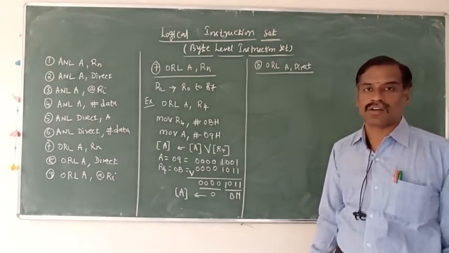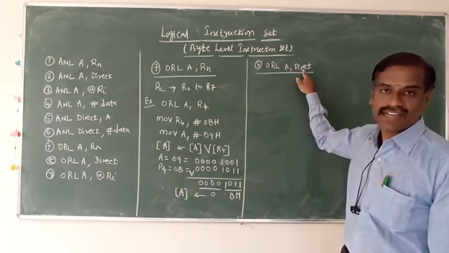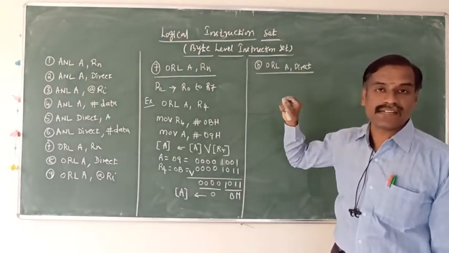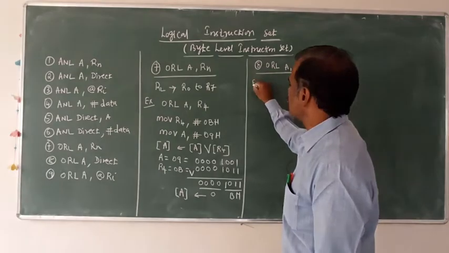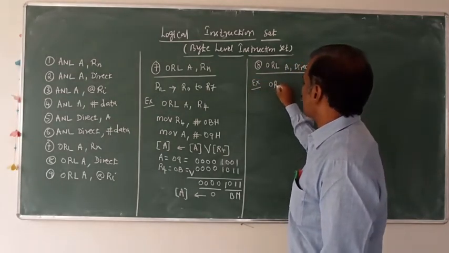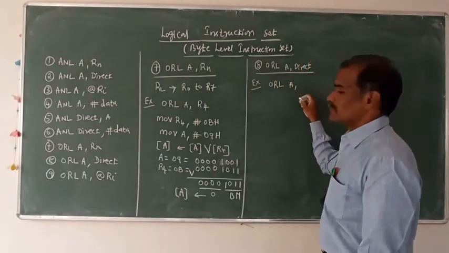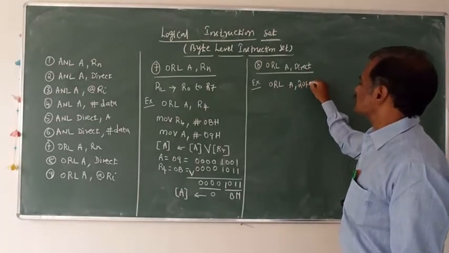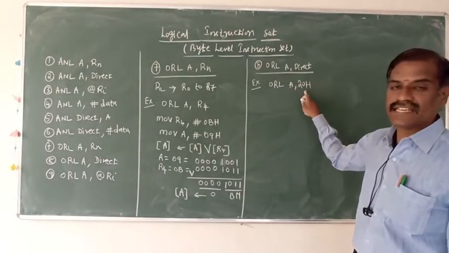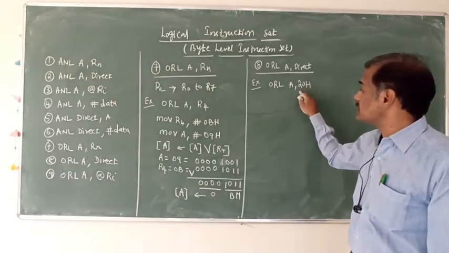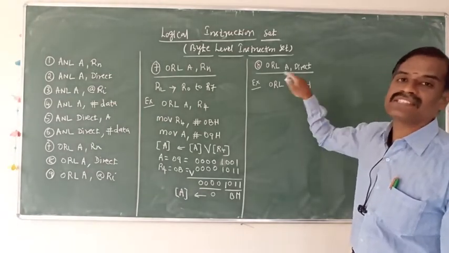Example: ORL A, 20H. Now logically OR the accumulator with the given 8-bit internal memory address location data.